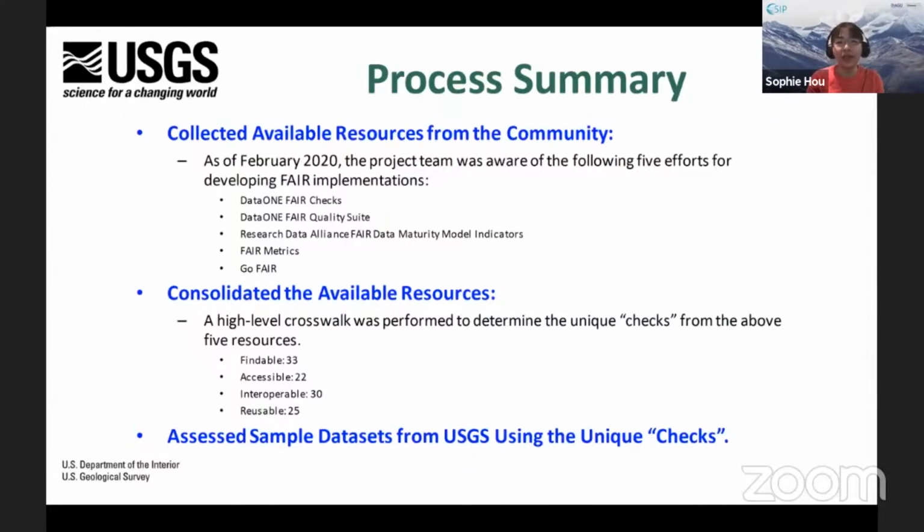You can see here a quick summary of the number of unique checks that we considered from consolidating these 5 sets. And once we had this more manageable set of checks, we were able to take them and apply them to the sample data sets from the USGS.